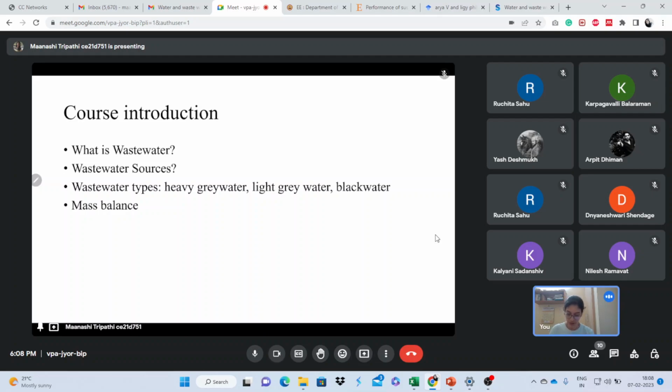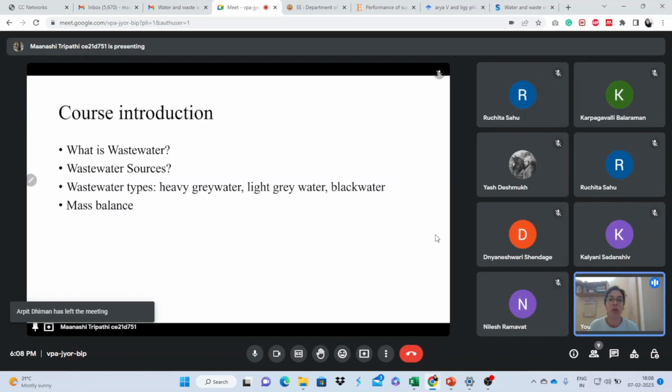Now coming to wastewater types. So what are the types of wastewater? Only these types are written here, but there can be many types of wastewater. Black water contains the feces. Grey water may contain kitchen or bathroom wastewater, but without feces.